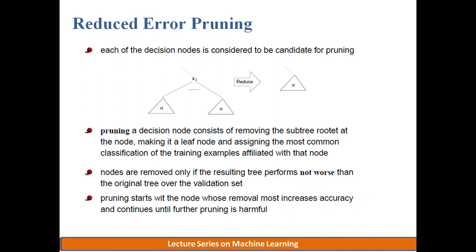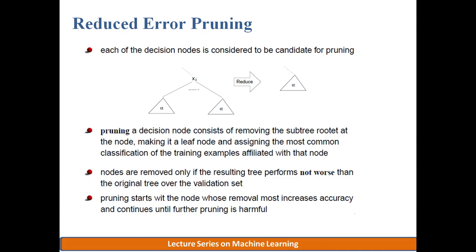In the training and validation set approach, the available data is separated into a training set, which is used to form the learned hypothesis, and a validation set, which is used to evaluate the accuracy of the hypothesis over subsequent data, and in particular to evaluate the impact of pruning the hypothesis.